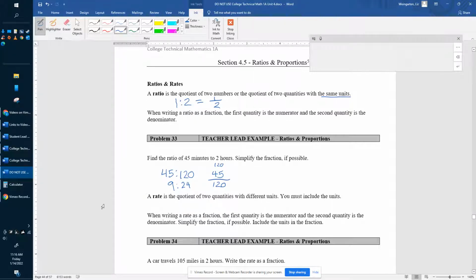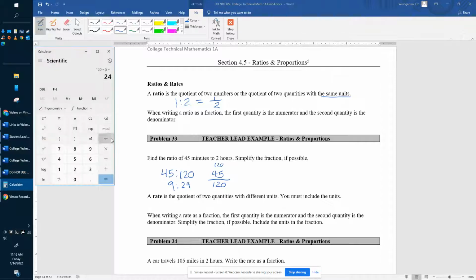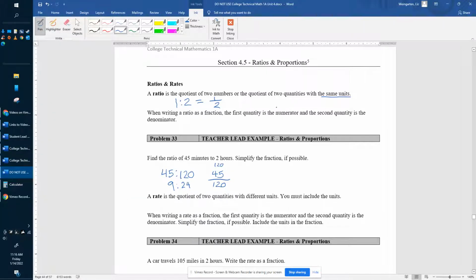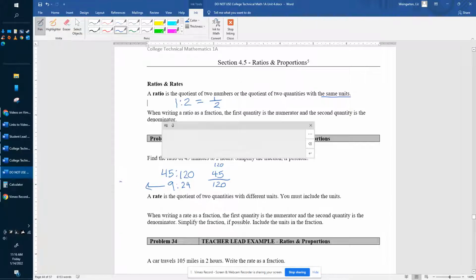Both 9 and 24 are divisible by 3, and we get 3 to 8. Or we can reduce our fraction to 3/8. Both of these are considered correct answers.